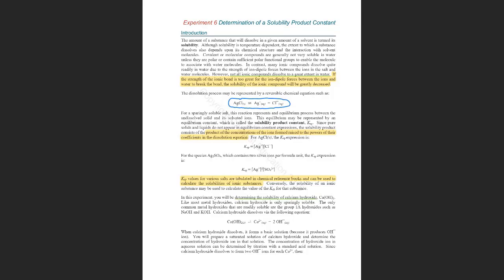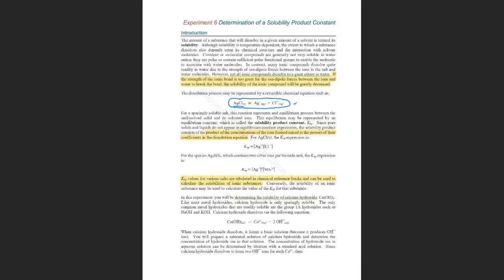We dissolve silver chloride in water, and these double arrows are saying that we have an equilibrium between the ions and the solid. So the equilibrium expression for this chemical equation, that is the dissolution of this ionic compound, silver chloride, is the solubility product constant.